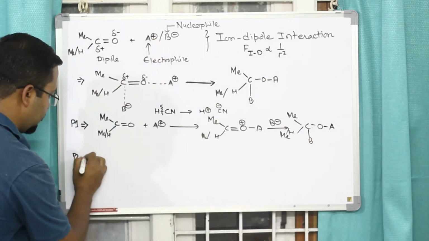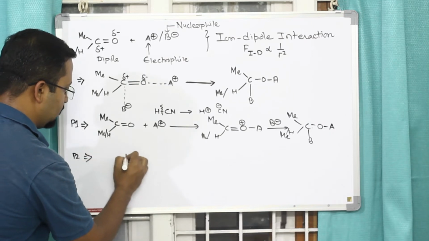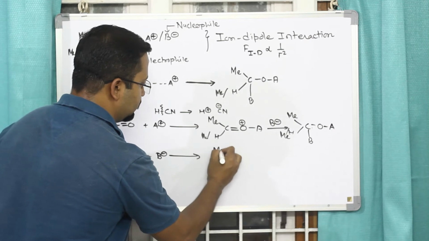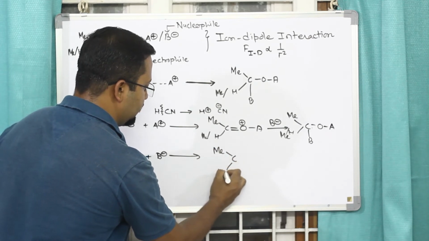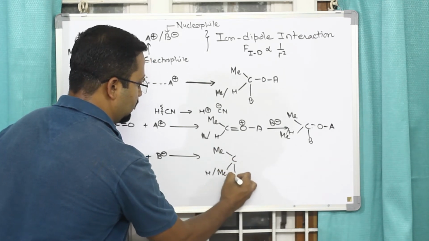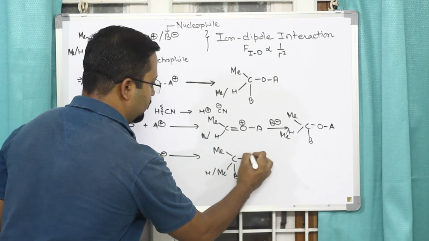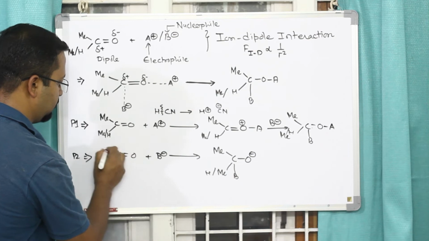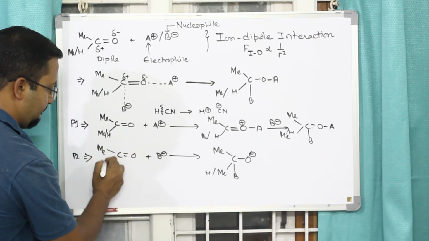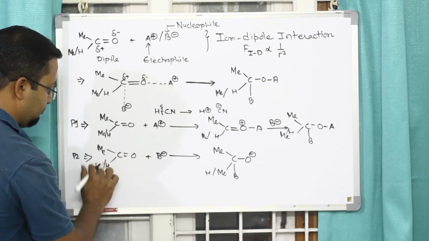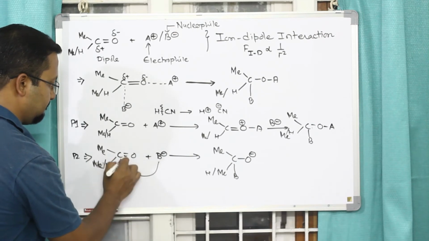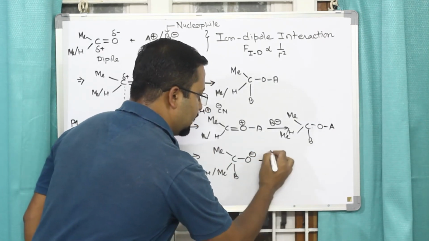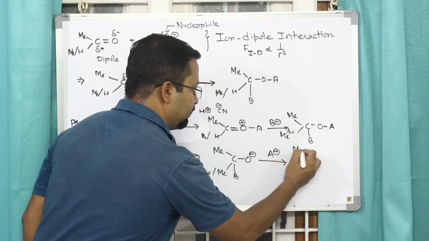In the second possibility, anion interacts in the first step at the designated site, and cation interacts in the second step.